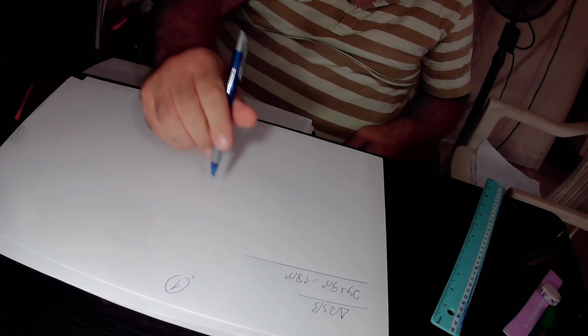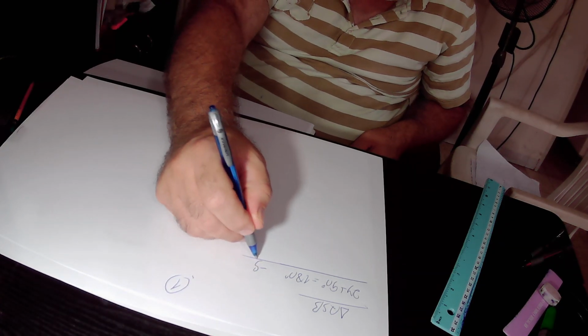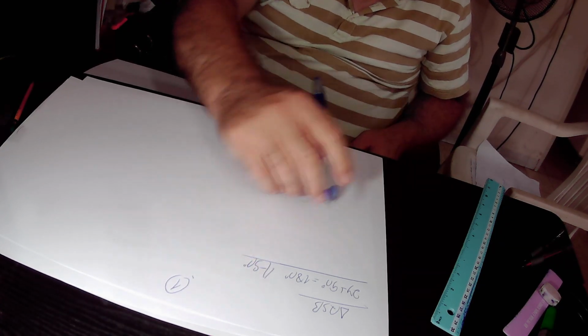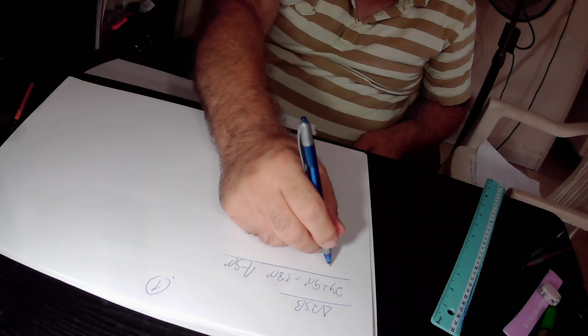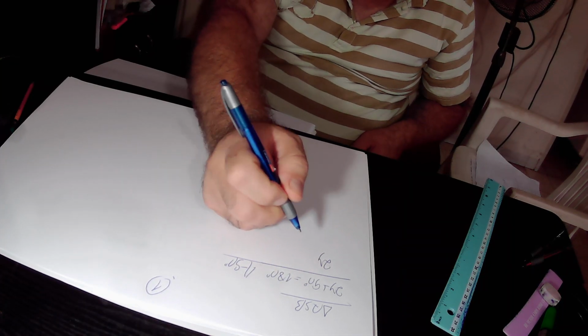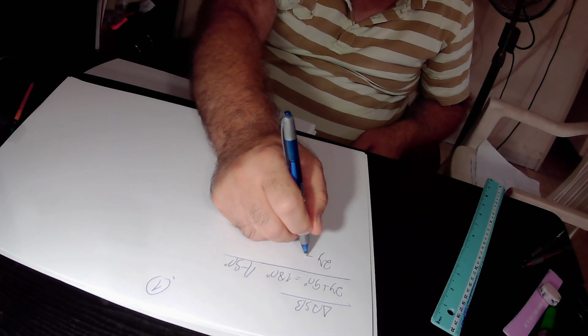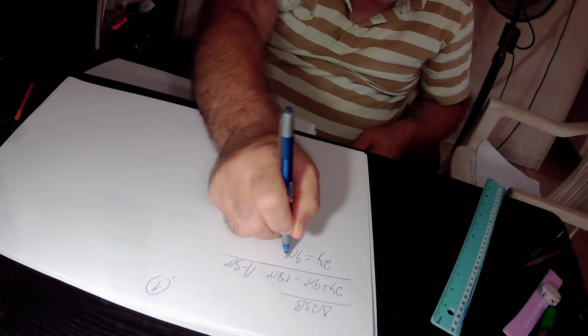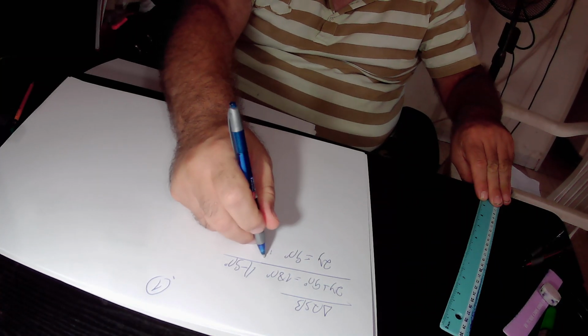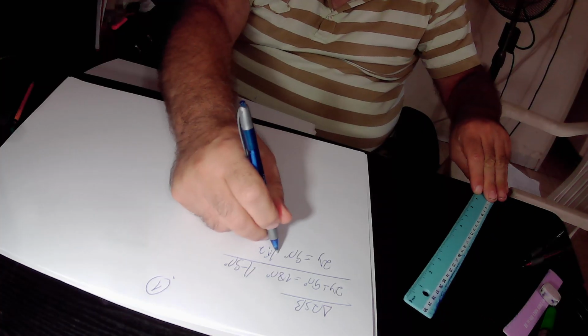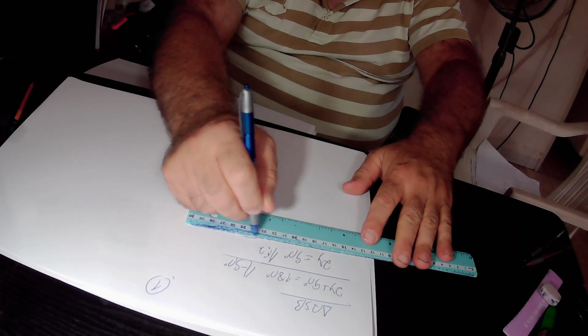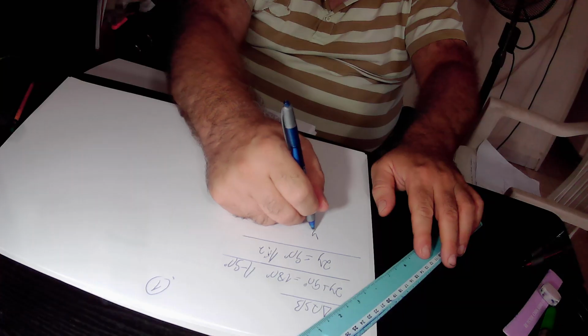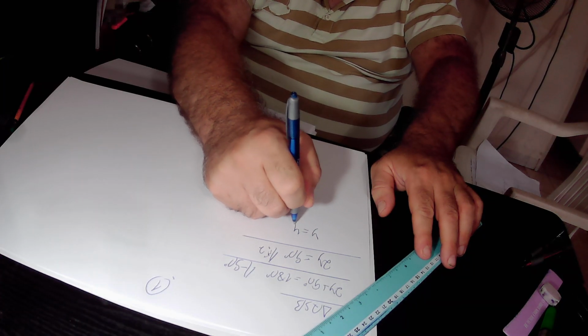Here we subtract 90 degrees from this equation, and you get that 2y equals 180 degrees minus 90 degrees, which is 90 degrees. So 2y equals 90 degrees. Here we divide this equation by 2. And finally we get that the missing angle y equals 90 degrees over 2, which is 45 degrees.